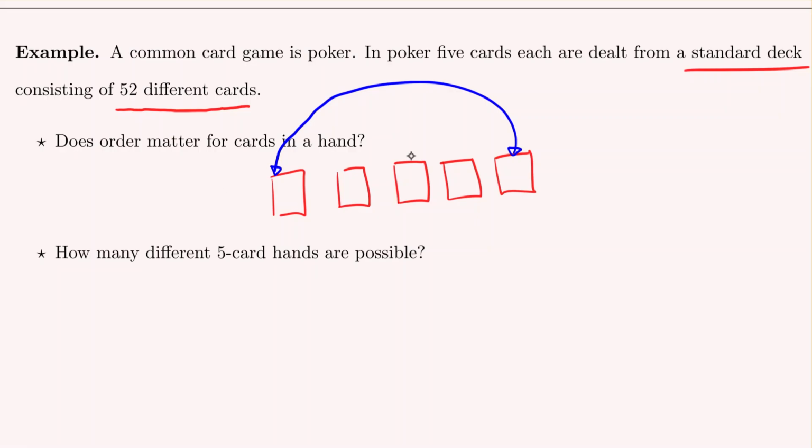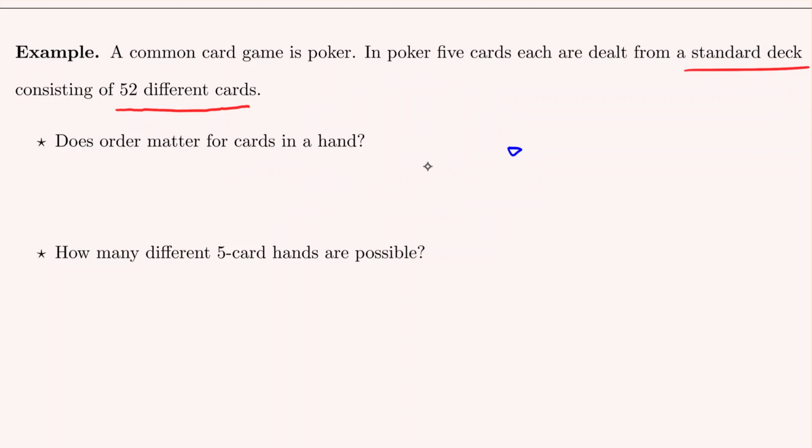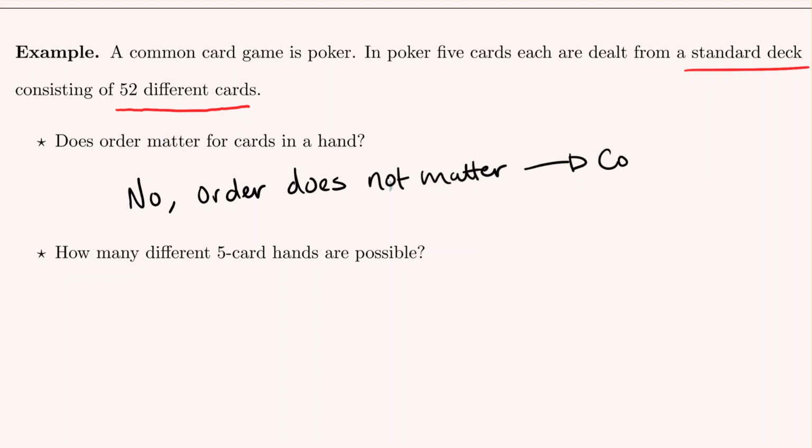So to answer this question, if the cards are already in your hand, does the order matter? No. Order does not matter, because I still have the same 5 cards. And since order does not matter, that makes me think of the combination formula when dealing with cards, because the order doesn't matter.